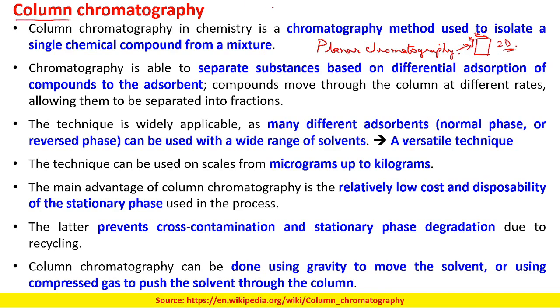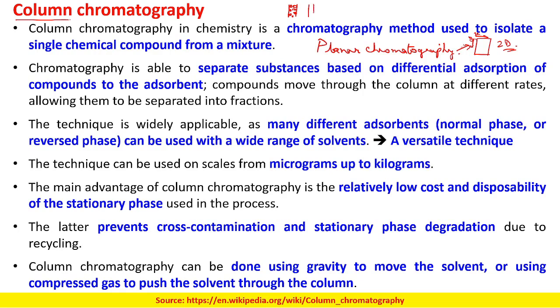we have columns. Now the columns may be of two types. The first one is the packed column. There will be a column, and within that we will have the stationary phase packed inside it. The second type of column is regarded as the capillary column.